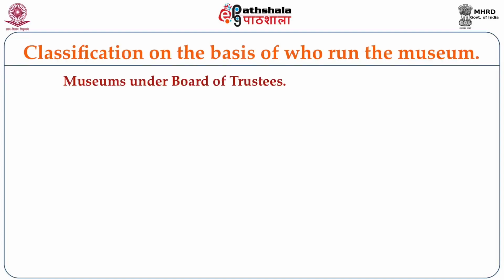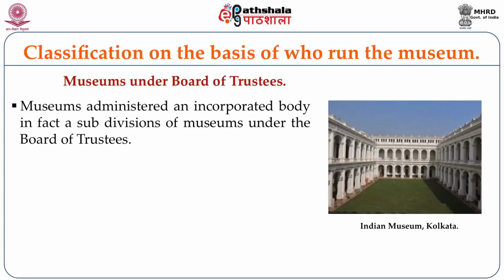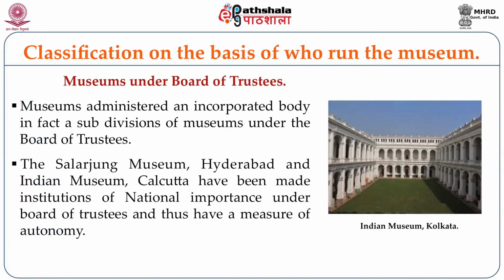There are some museums which are under a Board of Trustees. Here museums are administered by an incorporated body, in fact a subdivision of the museum under the Board of Trustees, like the Salarjung Museum, Hyderabad and the Indian Museum, Calcutta. They have been made institutions of national importance under a Board of Trustees and thus have a measure of autonomy.